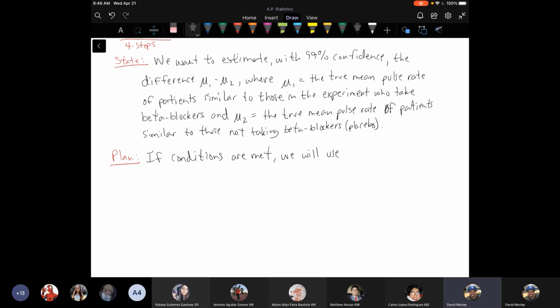We will use a 2 sample T interval for mu1 minus mu2. All right. So this is our inference method we're going to use, the 2 sample T interval.